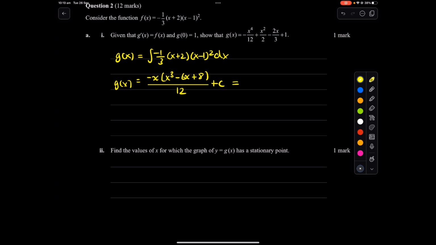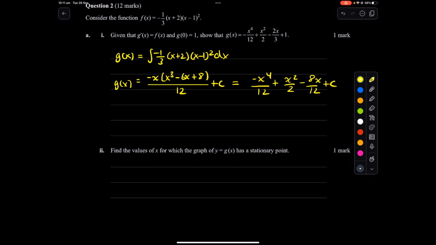Let's expand this. So negative x to the 4 over 12, plus 6x squared over 12, which is half, so plus x squared on 2, minus 8x over 12 plus c.